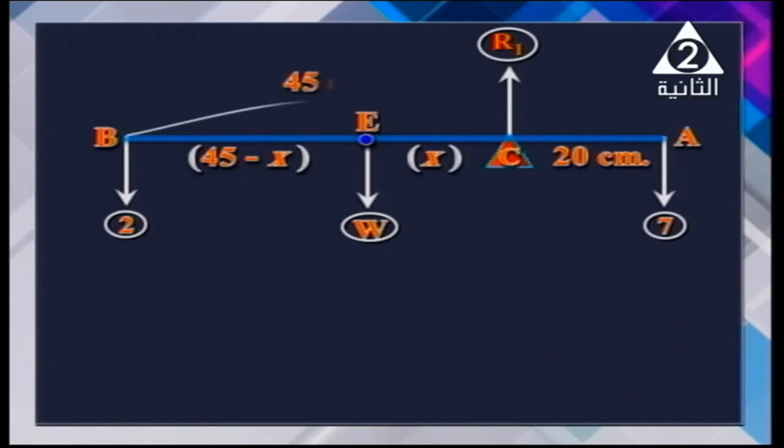Look at BC, 45 centimeter. We let EC equal X. Therefore, BE equals 45 minus X.